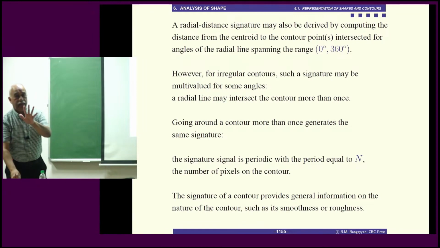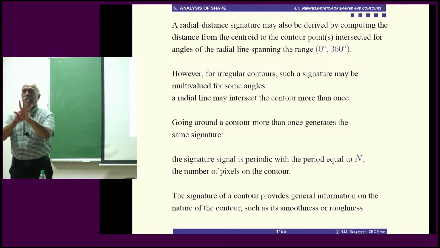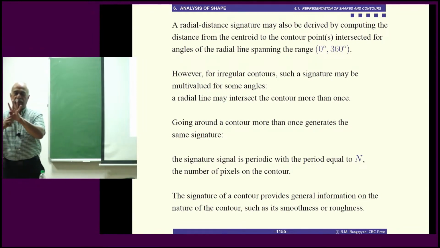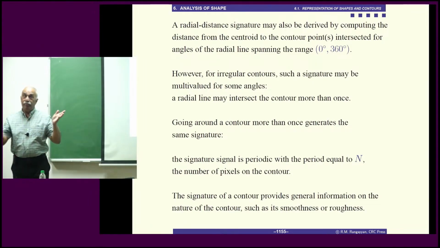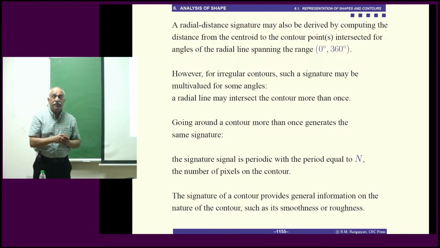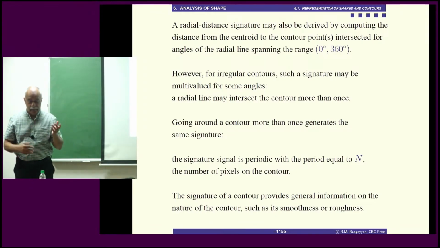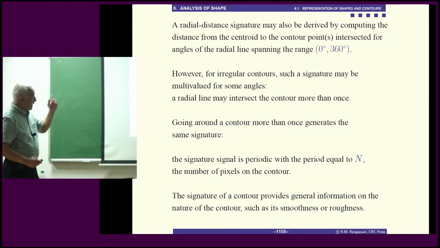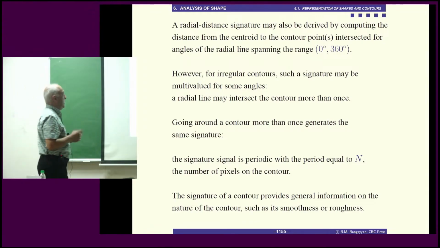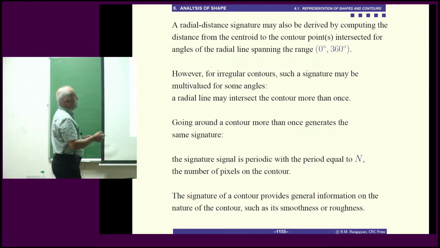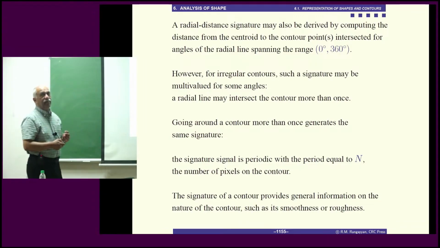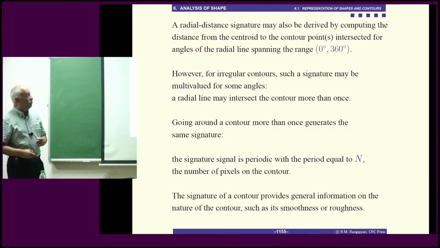But then if you have a rough spiculated contour, and if you draw a line from here, it could intersect multiple points on the contour, then that method fails. So which one of those will you take? So that has limitations. For irregular contours, such a signature may be multi-valued for some angles, meaning multiple intersections with the boundary.